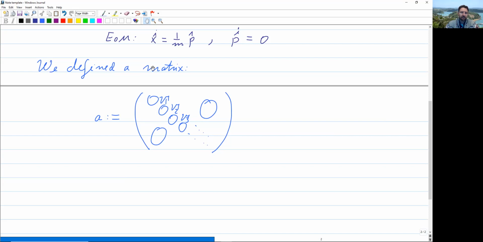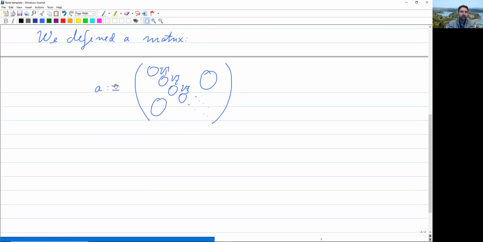Actually, the word ansatz is a German word, and what it means is it describes when a cat is about to pounce on a mouse, and the cat gets into position to jump. And that's an ansatz. And I guess we get into the position to jump and solve the problem here. Okay. All right, so we define the matrix A.